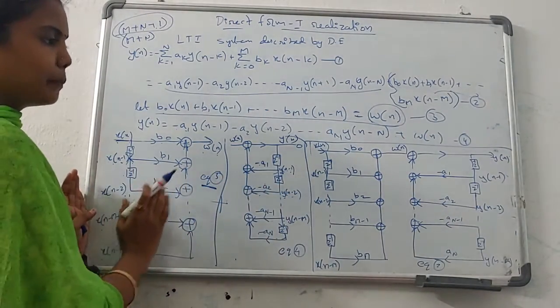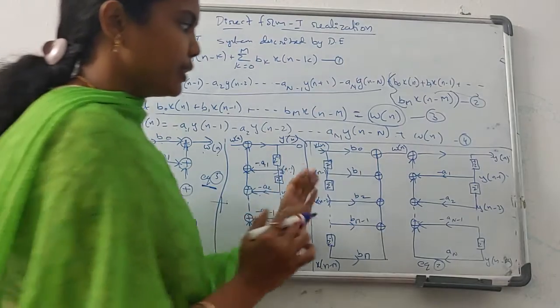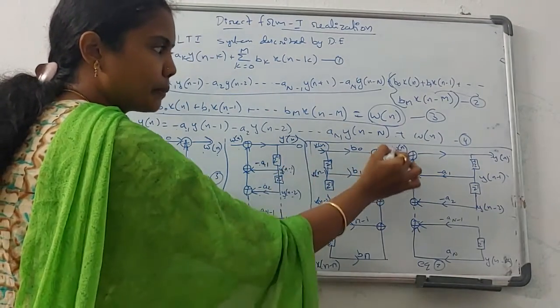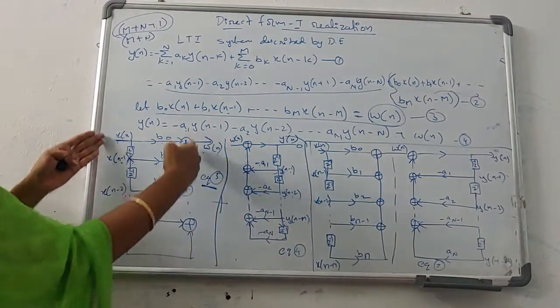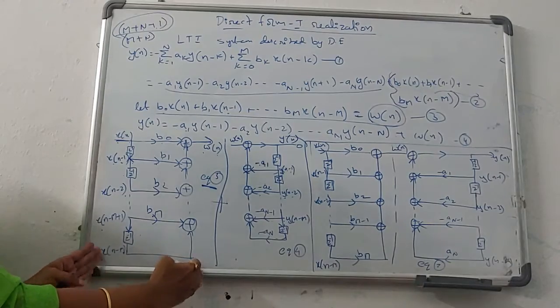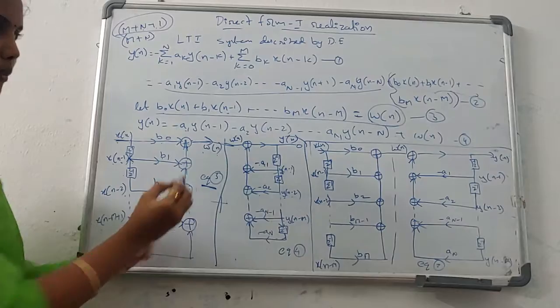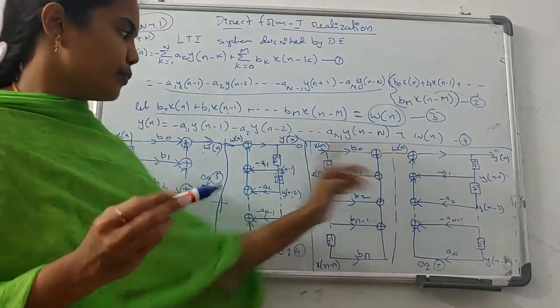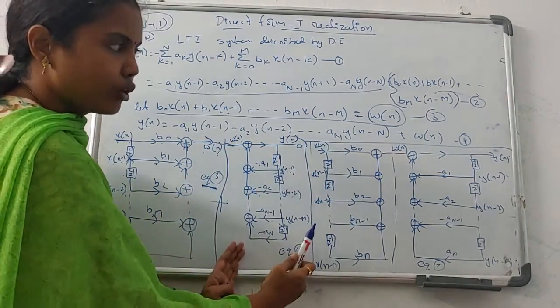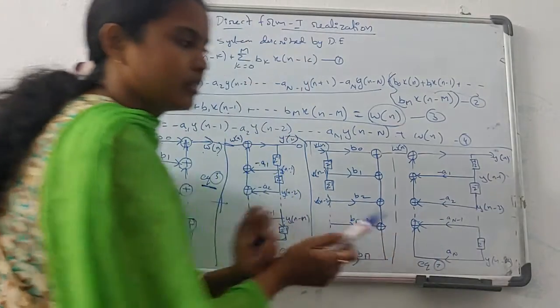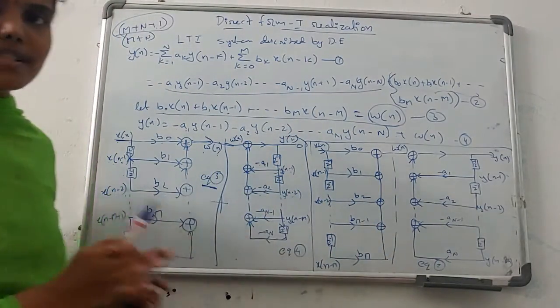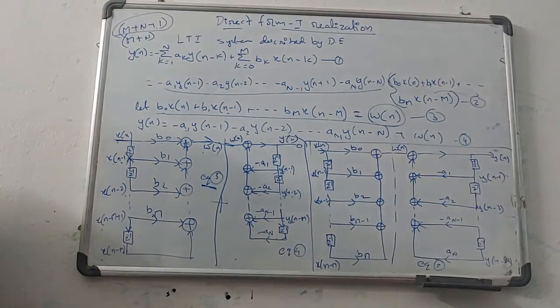Now combine input and output. Up to here is this part. Combine this w of n to this one, now I am combining these two. After that the output is this one. So this is the direct form 1 structure method.